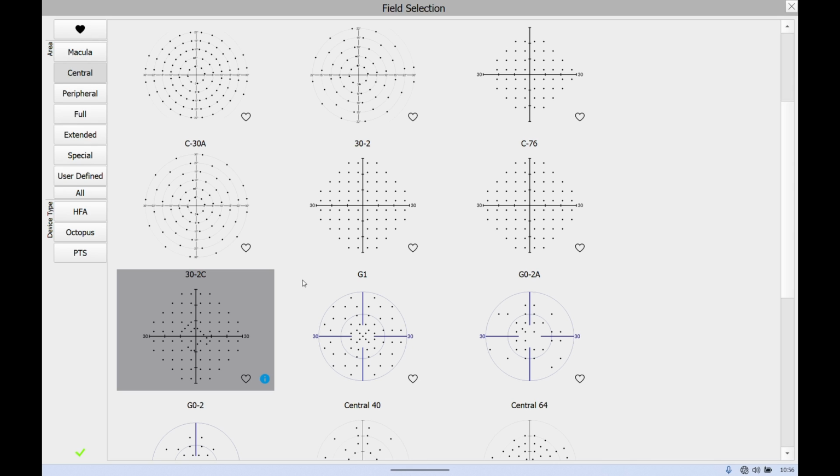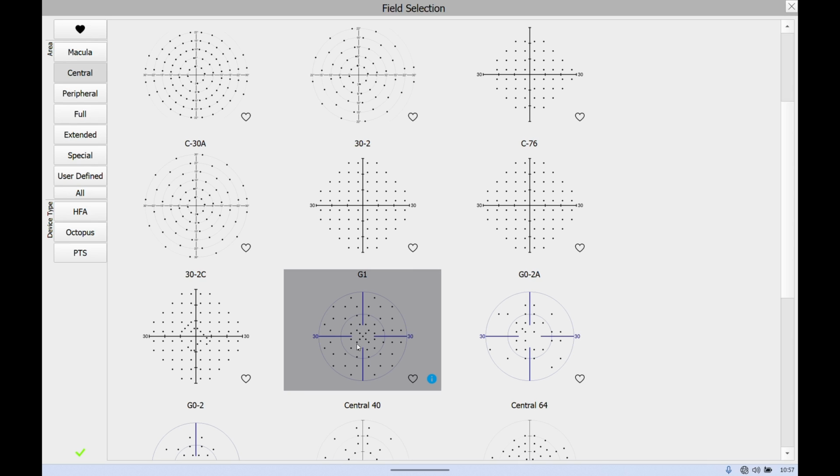Much more sensitive again than standard 30-2. Then you have the G1 from the Octopus. And this is the equivalent of 24-2 for Octopus. But here, this field is more accurately depicting the RNFL layout on the retina. So again, this is going to be much better and more accurate than standard 24-2.